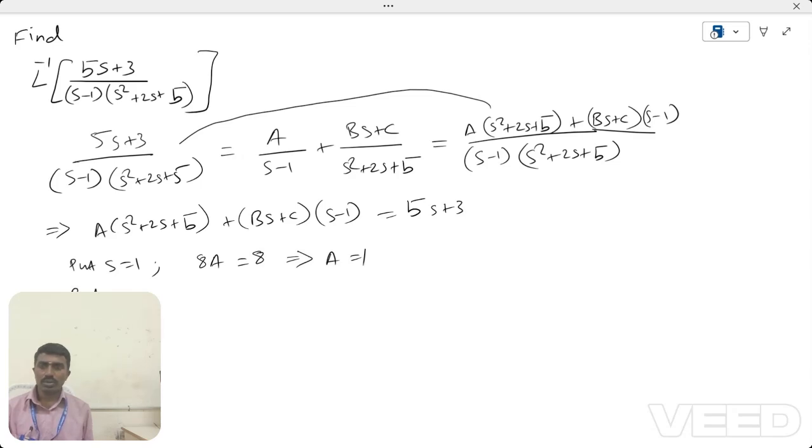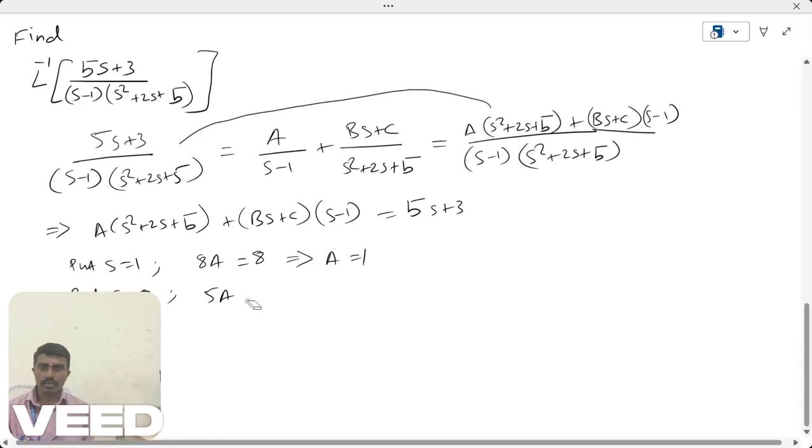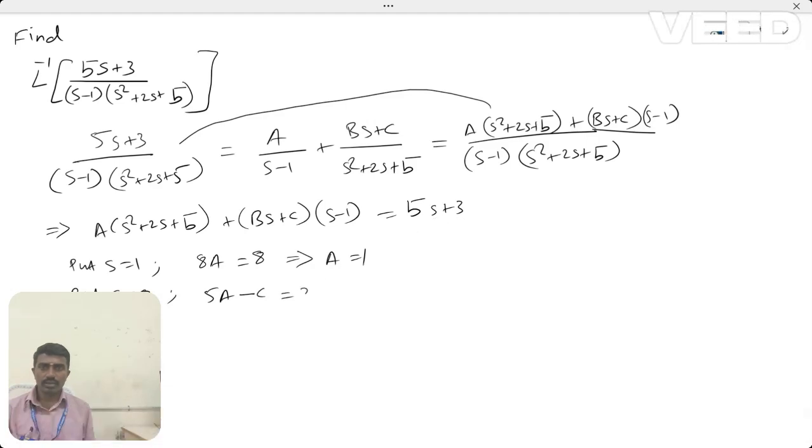Similarly, put s equal to 0, then you get an equation. First substitute s equal to 0, then 5A plus, what about here, if you put s equal to 0, then you get C into 0 minus 1, so that is minus C. Minus C equal to, if you put s equal to 0 here, then you get 3.